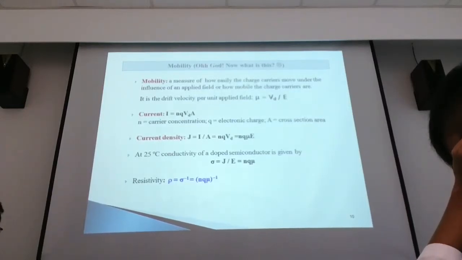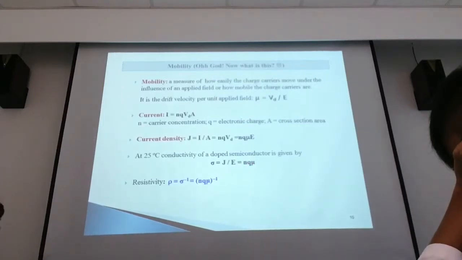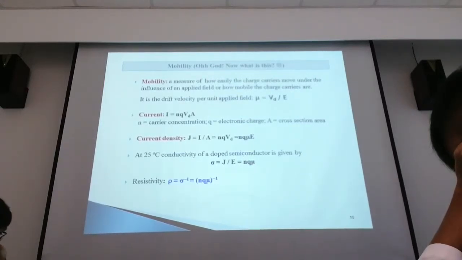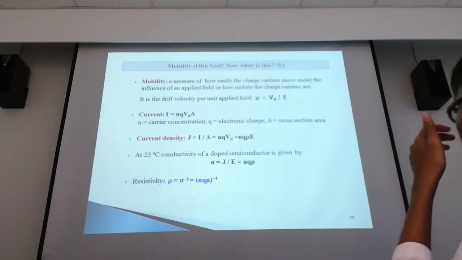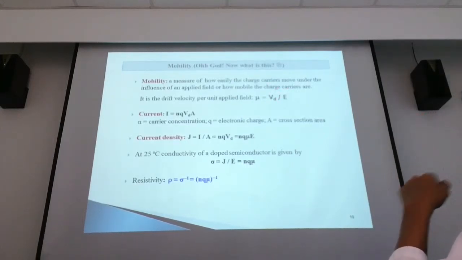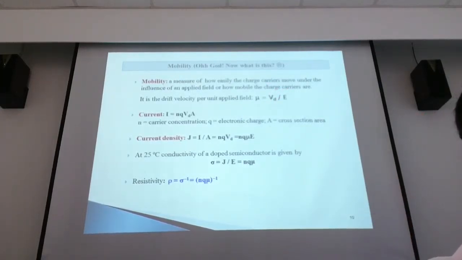So n q mu, what is q? It is the charge, 1.6 times 10 to the minus 19. Okay, these are all very easy formulas, you might know them. Mobility is the drift velocity per unit applied field, basically the velocity divided by the applied field.